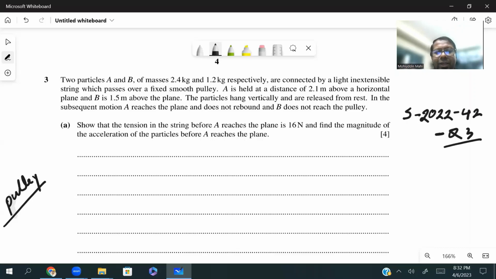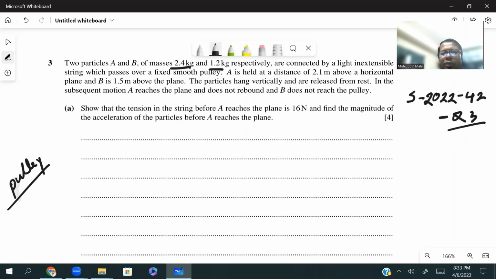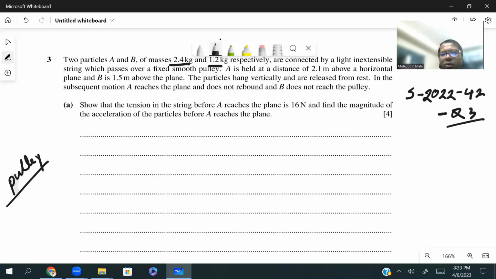Two particles A and B of mass 2.4 kg and 1.2 kg are connected by a light inextensible string which passes over a fixed smooth pulley. A is held at a distance of 2.1 meter above a horizontal plane. So let's consider this is the horizontal plane. Say, for example, A is here and it is 2.1 meter above the ground.